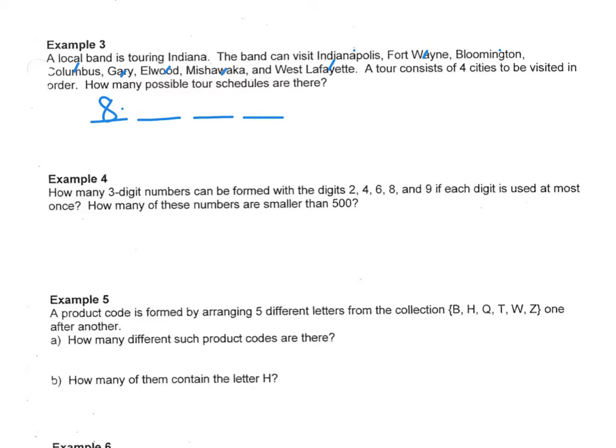I think it wants to know different cities, obviously. If I start in Indianapolis, I can't go to Indianapolis. So the next city must be different, making my choices smaller, then different again, then different again. Total of 1680 or 1,680 different ways to have a tour of 4 cities.